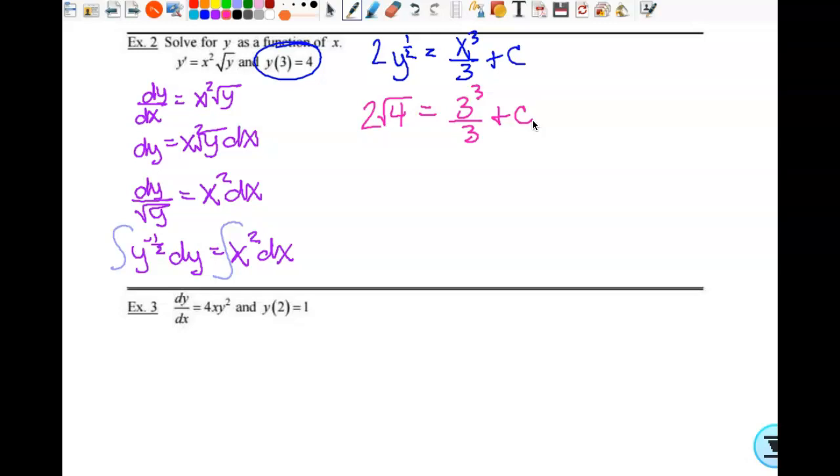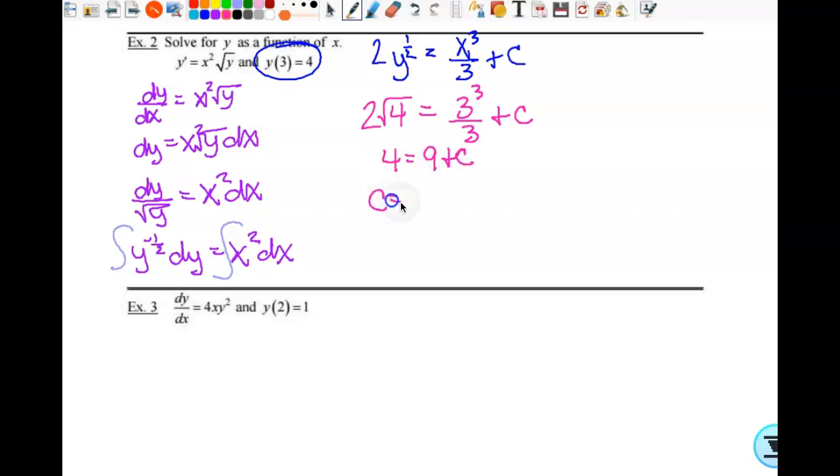Okay. Everybody with me? All right. So 2 times the square root of 4 is 4. That's equal to 3 cubed divided by 3 is just 3 squared, right? So that's just 9 plus c.